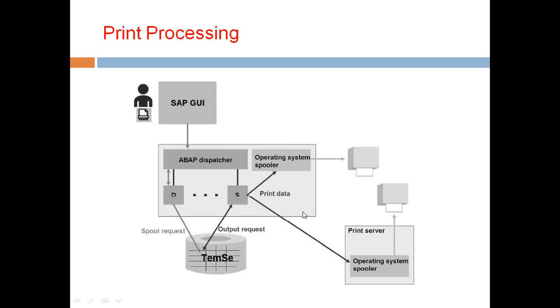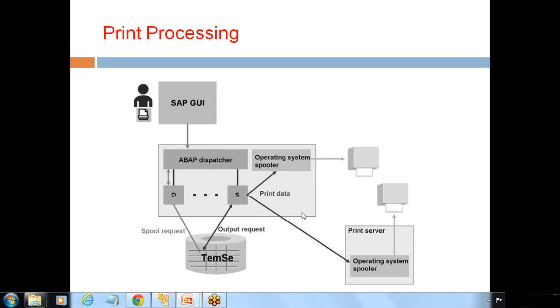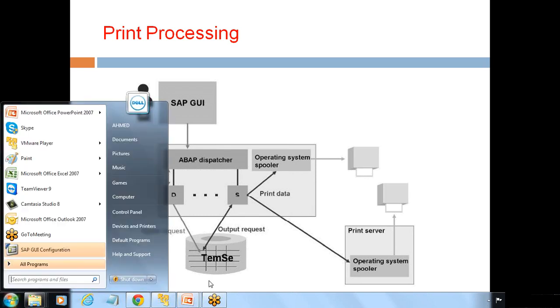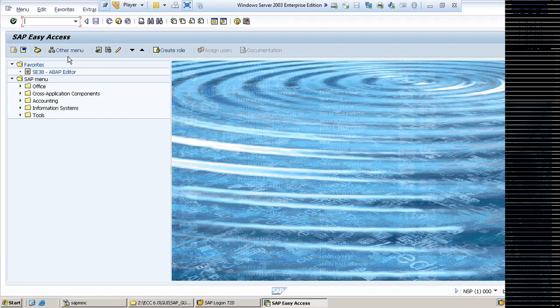The spool work process formats the data specified in the spool request and creates an output request. The output request contains all the data in an appropriate format for the printer. How do you see the output request? I will show you. The transaction for configuring the printers is SPAD.